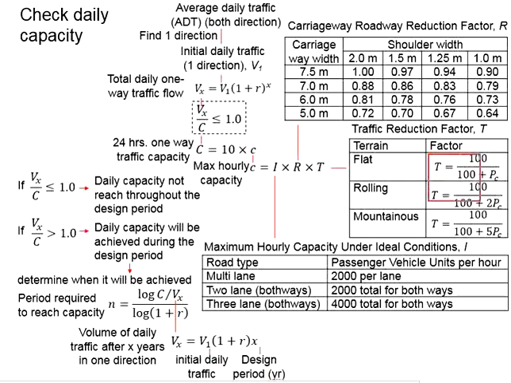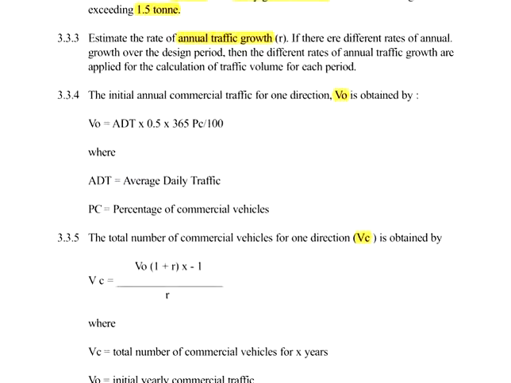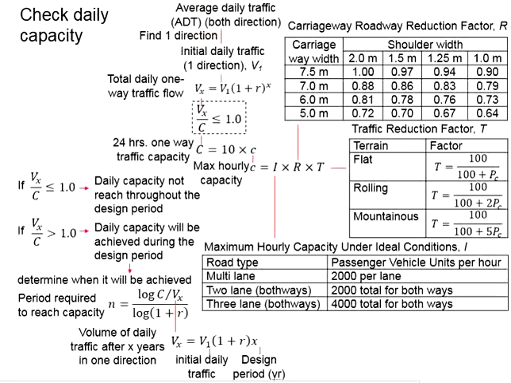If you look at the components of the traffic reduction factor, you can see it involves PC. PC represents the percentage of commercial vehicles, as commercial vehicles are normally heavier and their speeds are more significantly affected by the terrain conditions.